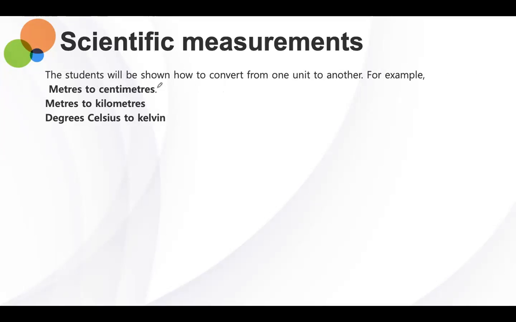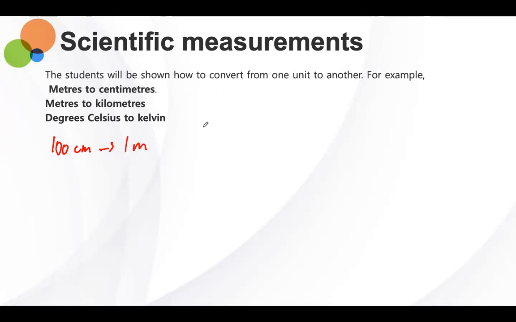Let's convert from meters to centimeters. 100 centimeters is equal to 1 meter.